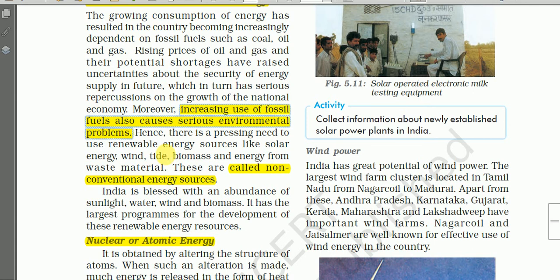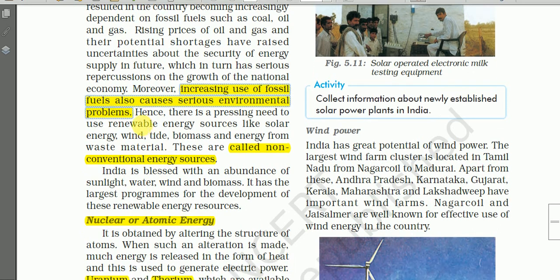That means different types of pollution occur in the environment due to burning of fossil fuels, and hence there is a pressing need to use renewable energy sources like solar energy, wind, tide, biomass, and energy from waste material. And these are called non-conventional energy sources.